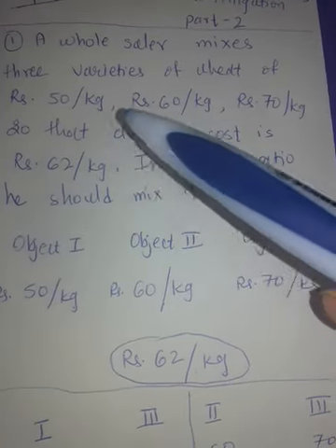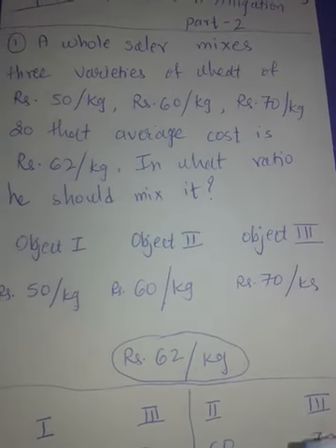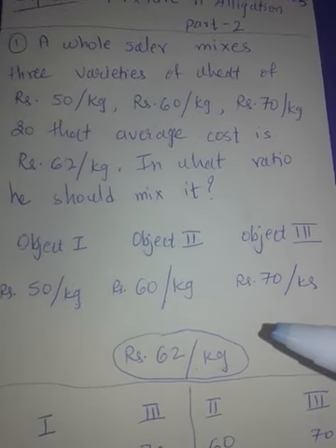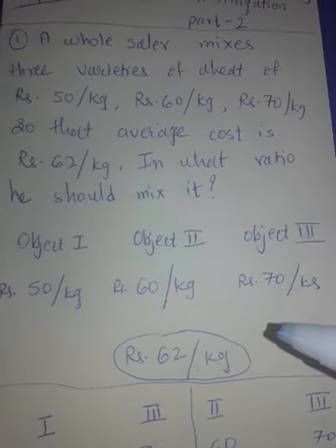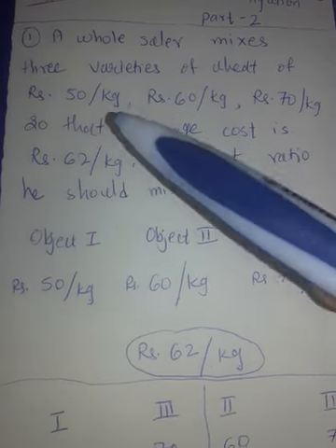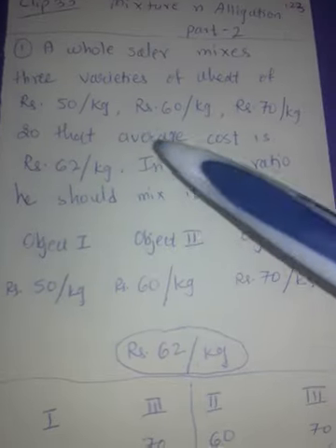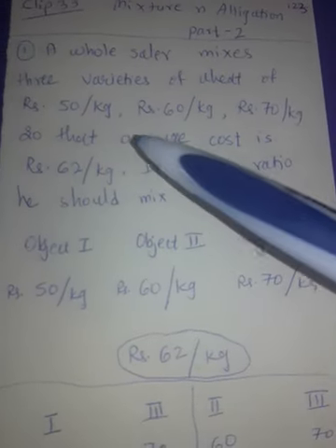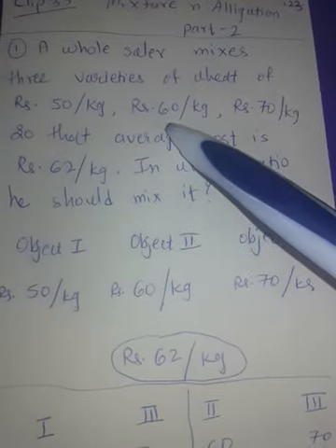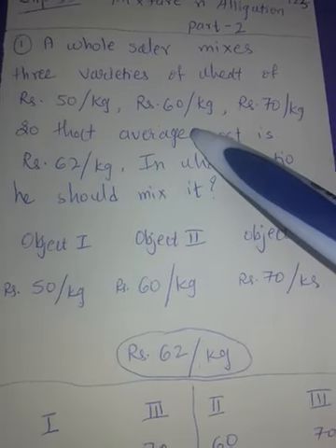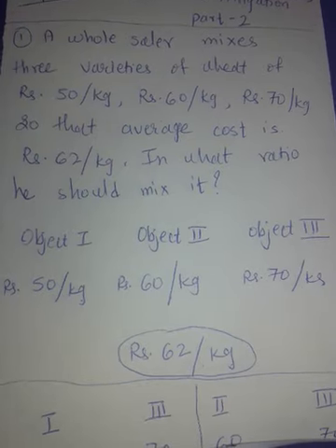Now how to solve this? Since there are 3 objects, we need to use the alligation rule 2 times. That's how the alligation rule is used. We need to take 2 at a time, and we need to select 2 in such a way that the mean is between those 2 prices. If I select 50, 60 and 62, 62 is greater than both 50 and 60, so that is not allowed.